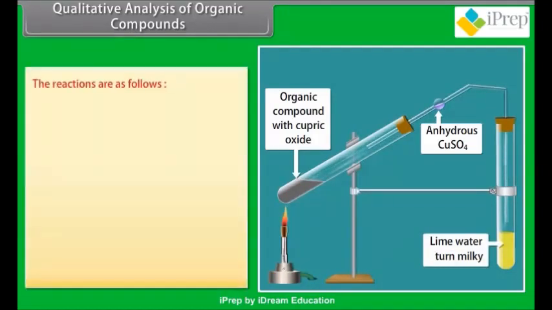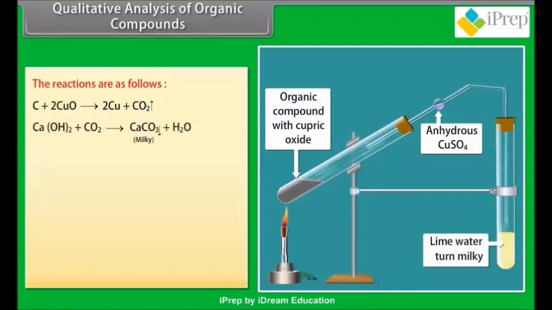The reactions are as follows. Carbon in the organic compound reacts with copper(II) oxide and produces copper and carbon dioxide. The produced carbon dioxide reacts with calcium hydroxide, which turns milky, indicating the presence of carbon in the organic compound.